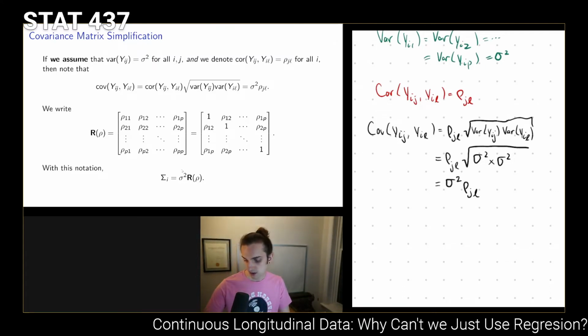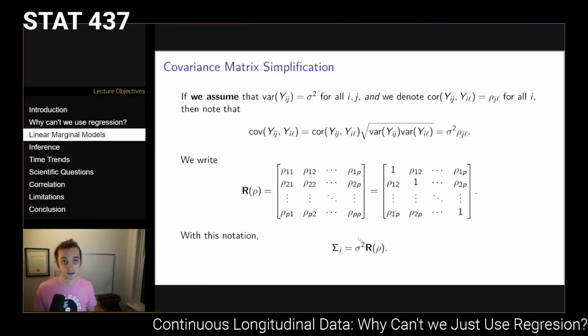To clarify exactly what's happening here, we've made the assumption that there is constant variance across all time. And from this constant variance assumption, using a little bit of simplifying notation, we can write out the covariance matrix, the sigma i for the individual, as sigma squared times the correlation matrix.